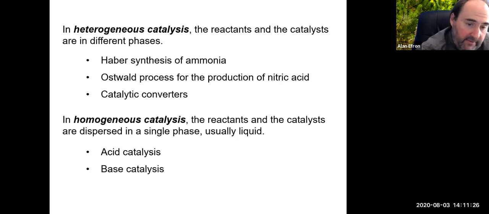A couple of examples of that: first, the Haber process for ammonia. The formation of ammonia, where nitrogen and hydrogen gas come together, is a spontaneous reaction. It is also a very slow reaction. If you wanted to do it for any type of commercial production, it takes a very, very long time to occur.